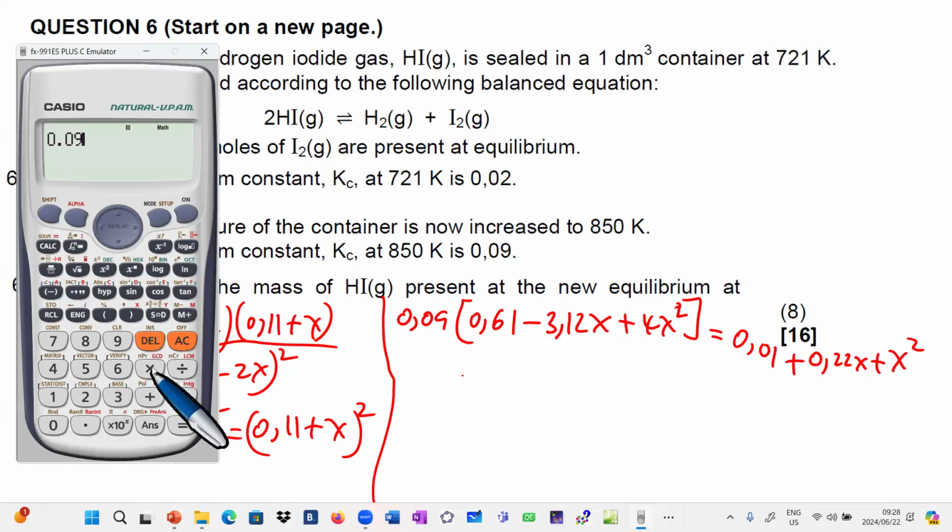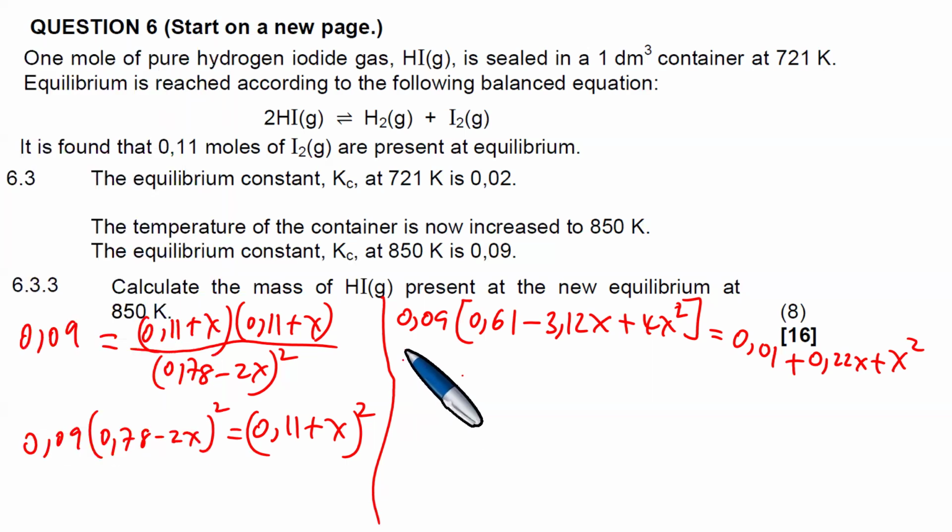0,09 times 0,61, which is 0,055. You can write it like that, more accurate, 0,055, taking just one more decimal place.